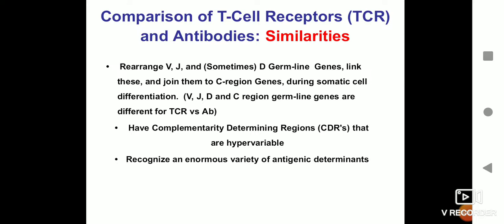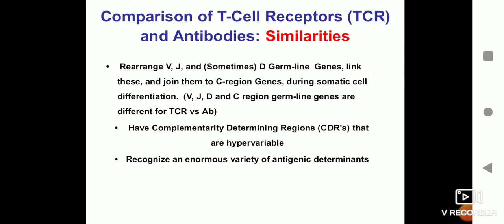Hypervariable means no two T cell receptors will have the same CDR, and this hypervariability in the CDR is due to the chain rearrangement that is seen in the V, J and the D regions of the CDR.